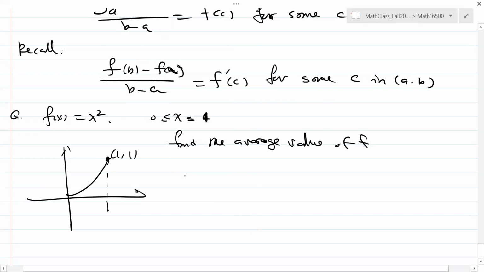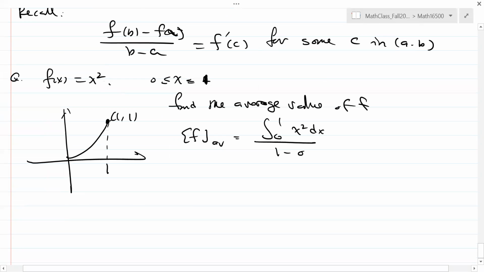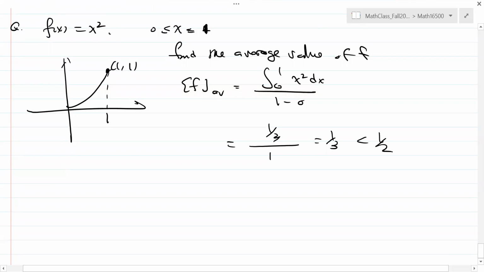The average value of f by definition is the integral from 0 to 1 of x squared dx, divided by 1 minus 0. And we already did the computation. The integral of x squared from 0 to 1 is 1/3. So this is smaller than 1/2 as predicted.